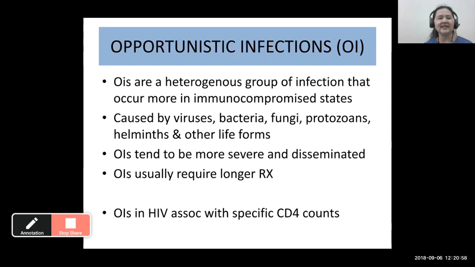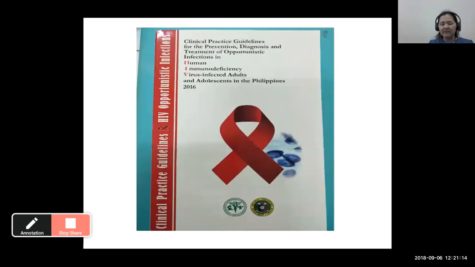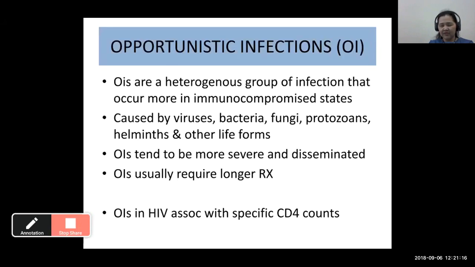So let's say TB may not be so severe in an otherwise healthy person, but in HIV patients, especially if CD4 is very low, it can be very, very severe and disseminated. Usually, some infections may have to be treated for longer periods of time and are usually associated with specific CD4 counts.